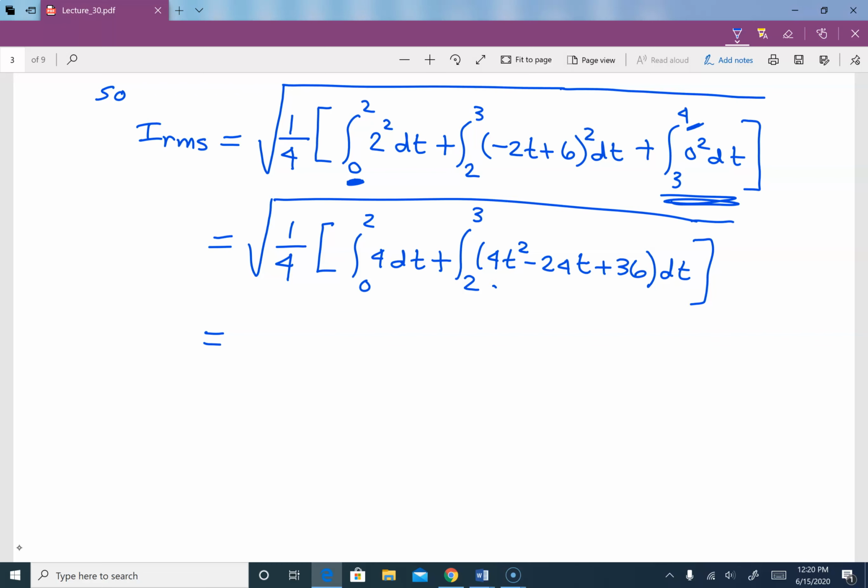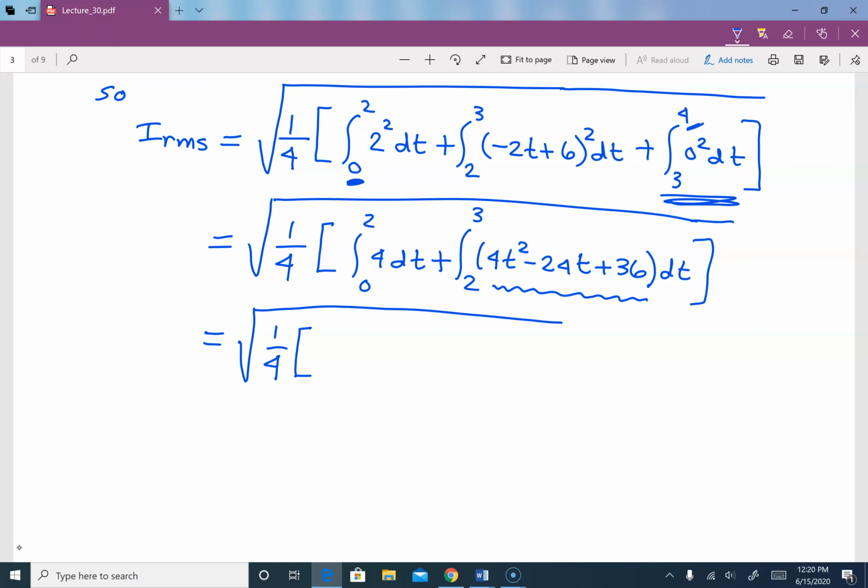So now this term here, that is really negative 2t plus 6 squared, which is negative 2t plus 6, the whole quantity multiplied by negative 2t plus 6. So that is the square root of 1 over 4.